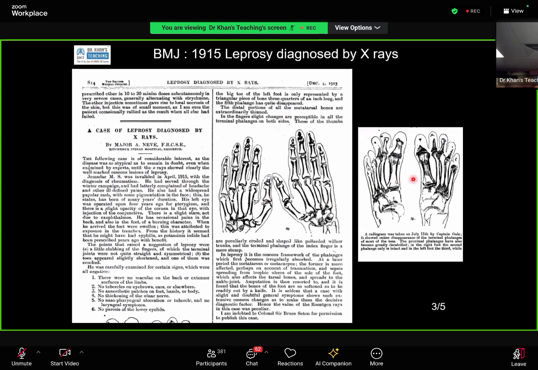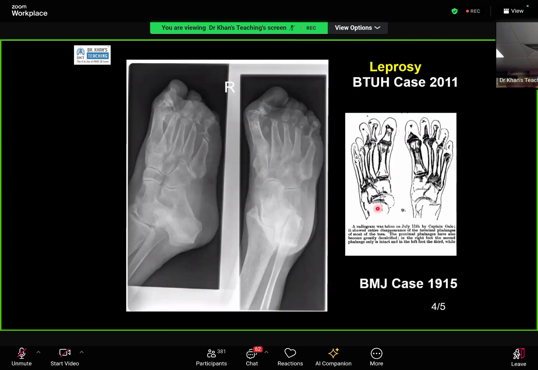So this is the finding, and you can well imagine that it must have been a big finding because the patient has got soft tissues still intact. When they did an X-ray, this is the diagram which showed this pointed sclerotic phalanges, sort of licked candy appearance.